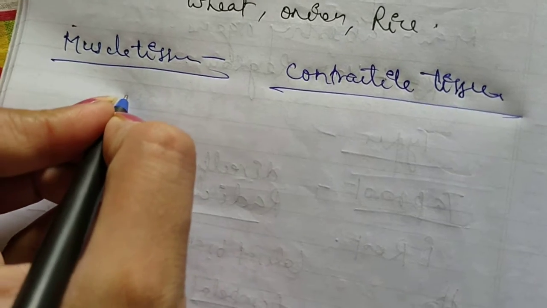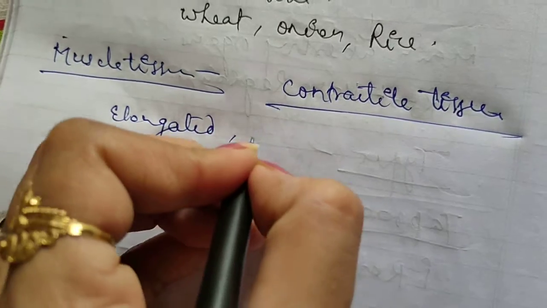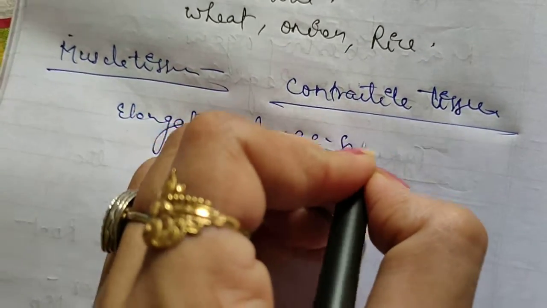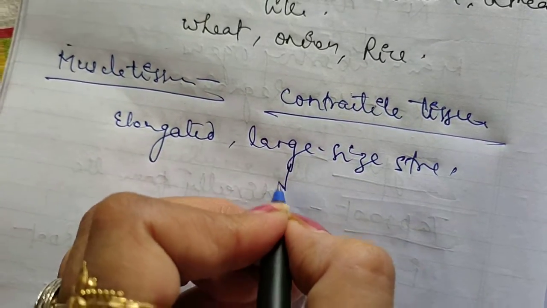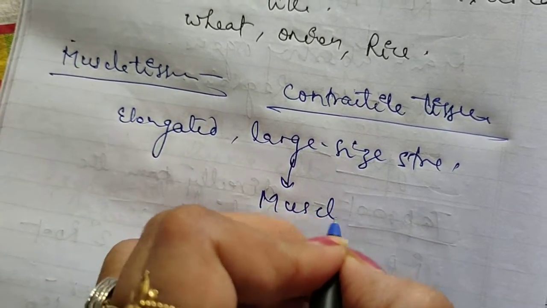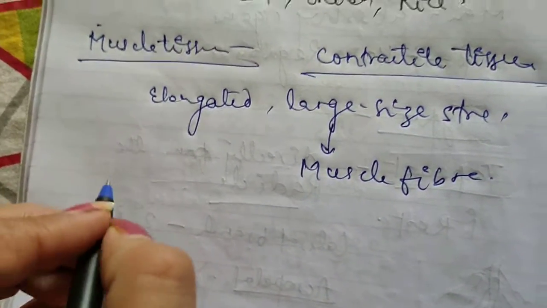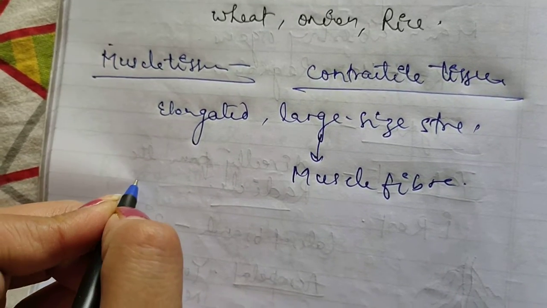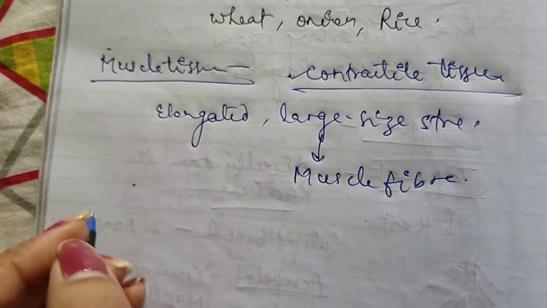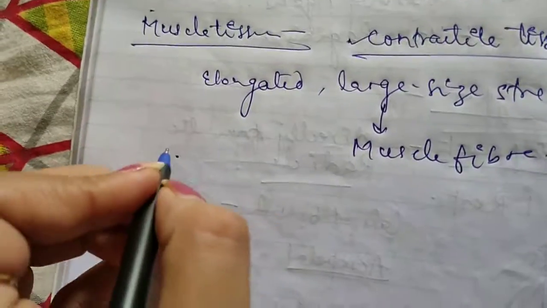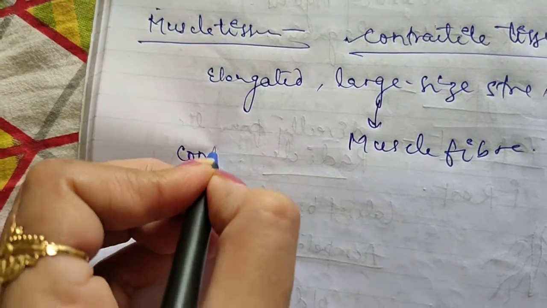And muscle cells are elongated, large size structure, and that's why it is also called muscle fiber. The movement of the body is governed by these muscles, and that's why I told you that it is contractile in function, means it always works in pair, means contraction and relaxation.